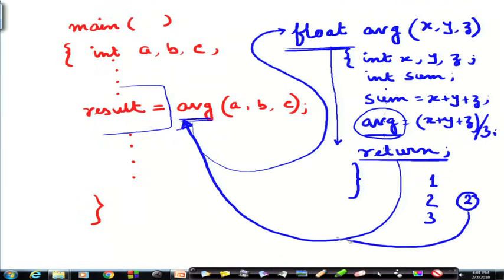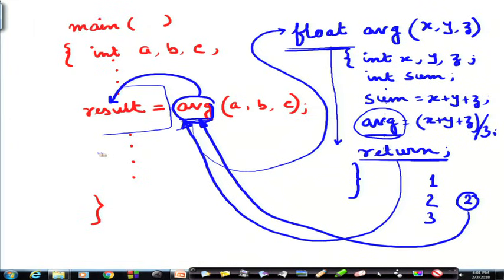So, then 2 goes to this AVG and that AVG is being transferred to result. Now, if I do print result here, 2 will be printed, all right. So, this is to give you an idea of what is meant by calling a function, invoking a function, what is meant by returning from a function and what are parameters and arguments.